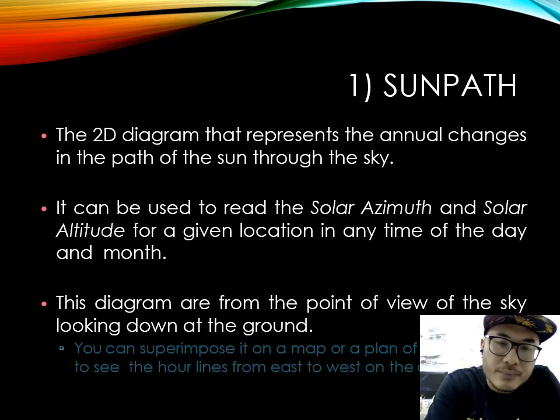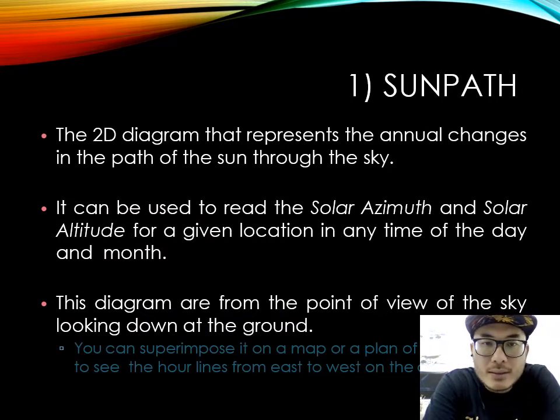Sun path. The sun path varies across the world. It is a 2D diagram that represents the annual changes in the path of the sun through the sky. It can be used to read the solar azimuth and solar altitude for a given location at any time of the day and month.